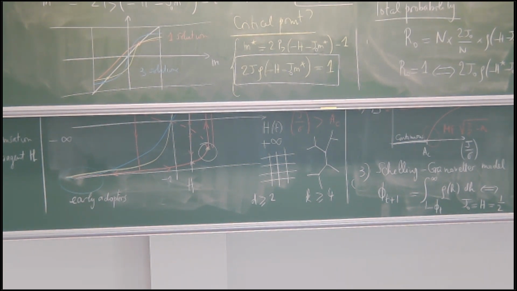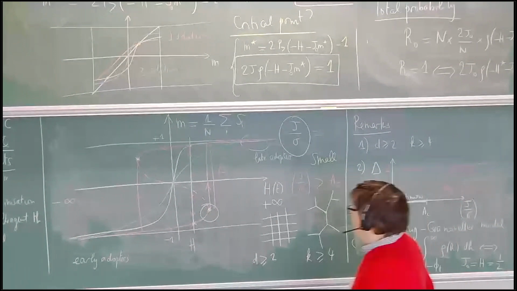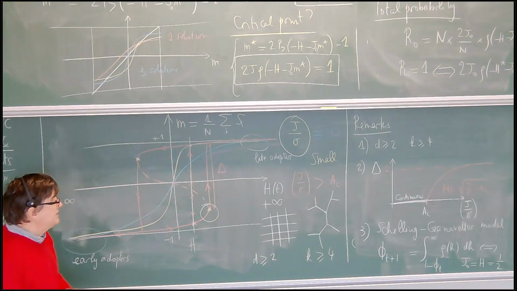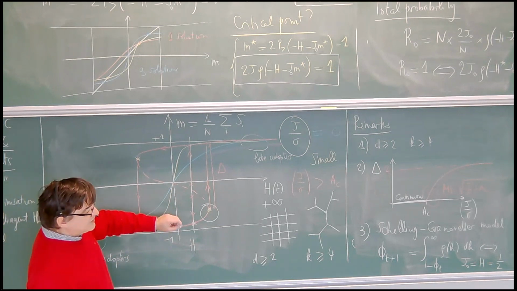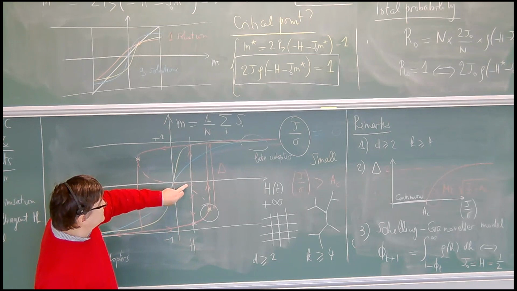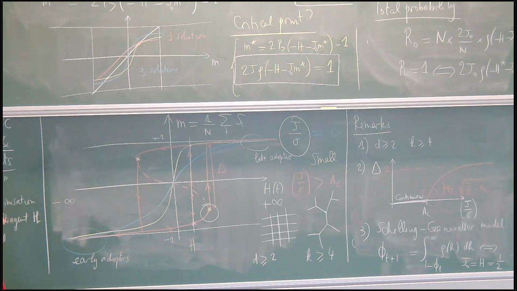And depending on the shape of rho of H, you can either have 3 solutions or 1 solution. And so the evolution of the seminar actually resembles very much what I was talking about here. So the idea of Schelling and Granovetter is that if initially the attendance is large enough, then the riots or the seminar will prosper and grow.